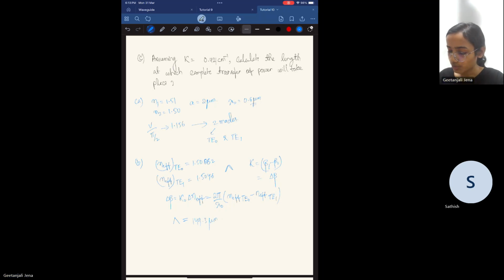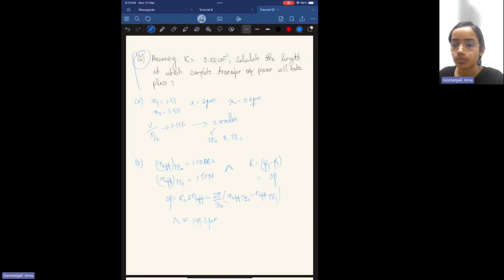For the next part that we haven't solved, part C, we have to see how the power coupling between the TE0 and TE1 modes occurs inside a fiber Bragg grating.